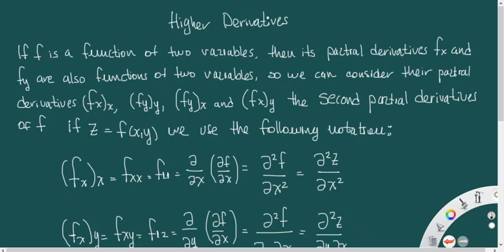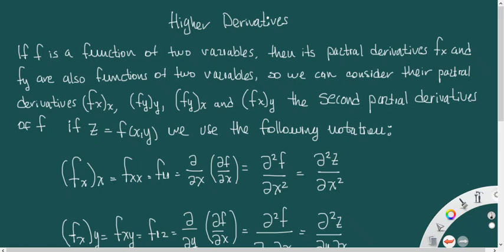Okay, moving on to our next topic. This topic is the higher derivatives. We already calculated some partial derivatives, and we know from our vectorial calculus how a tangent line to a point in a curved surface in a three-dimensional space works.